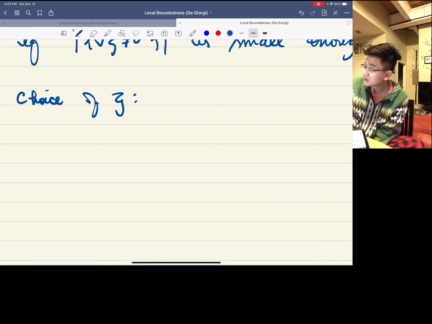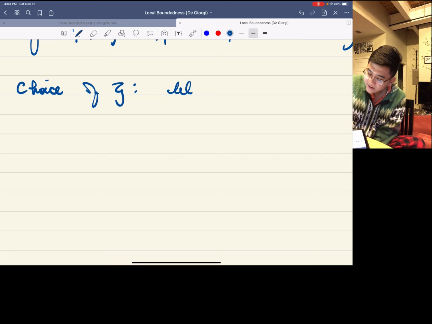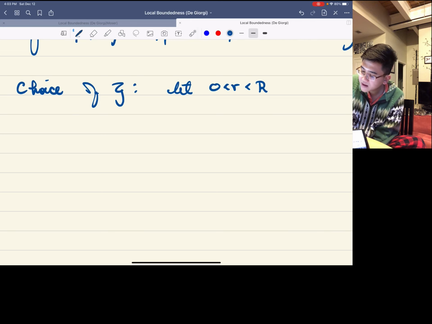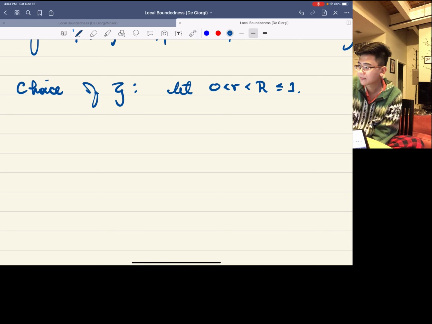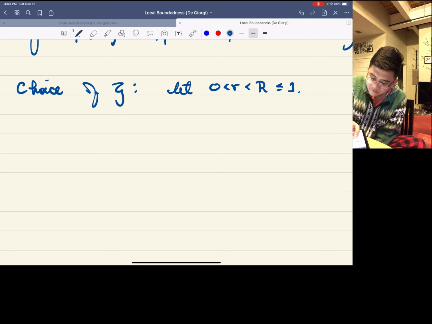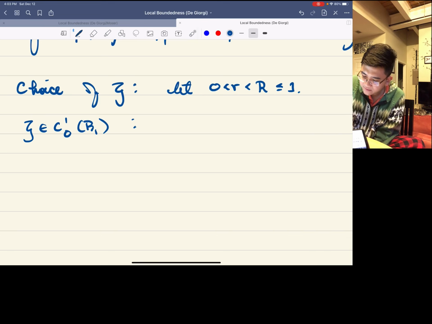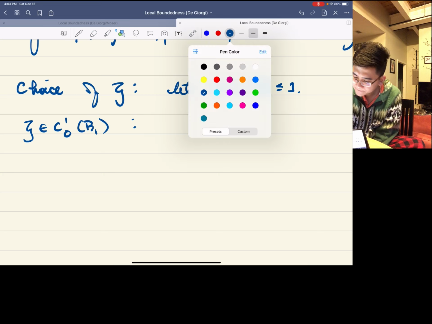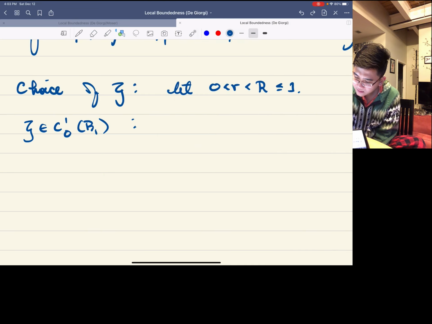So to do that, let little r be positive, smaller than big R, less than or equal to 1. So the choice of zeta in C10 of B_R would be like this one. This is some kind of a heuristic thing, and it can be made precise. We're going to say how later.